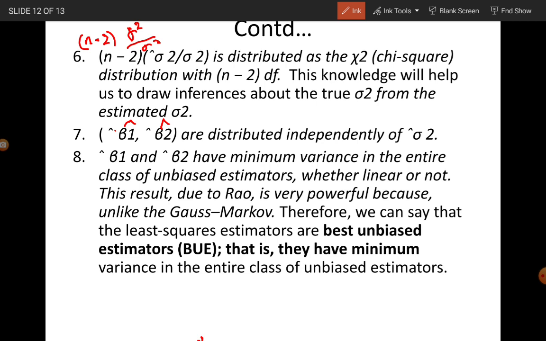Earlier, we had minimum variance in the entire class of linear unbiased estimators. But now that we have included an assumption that ui is normally distributed, even if they are not linear, in the entire class of unbiased estimators, my OLS estimators beta 1 hat and beta 2 hat have minimum variance.